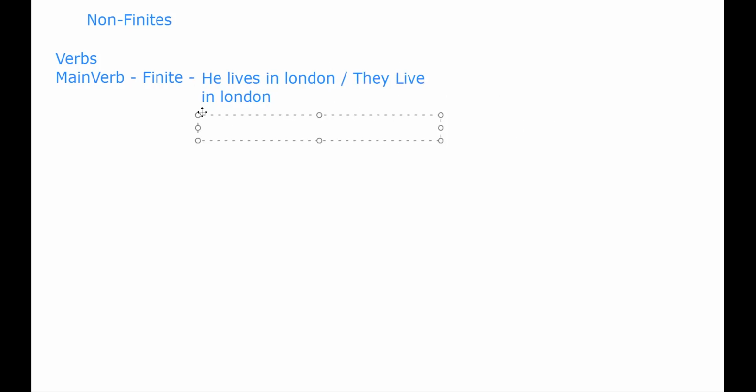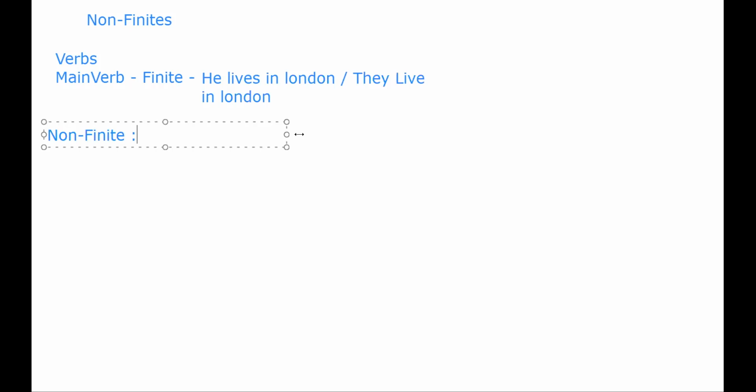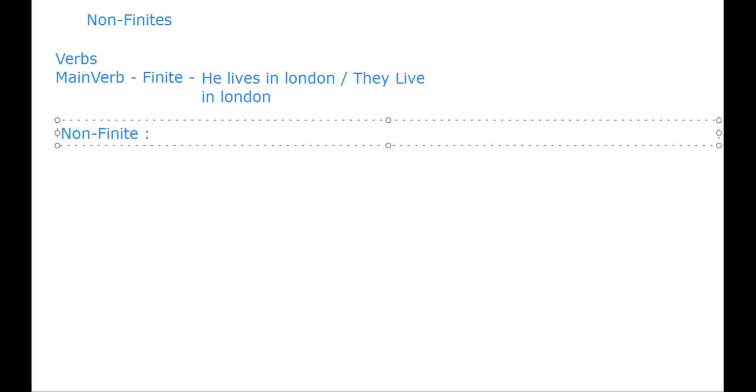But when we talk about the non-finite, as the term says, they are not limited to the subject, or we can say that the verb cannot change its expansion. They will keep themselves in the same form, regardless of any subject that comes before them.